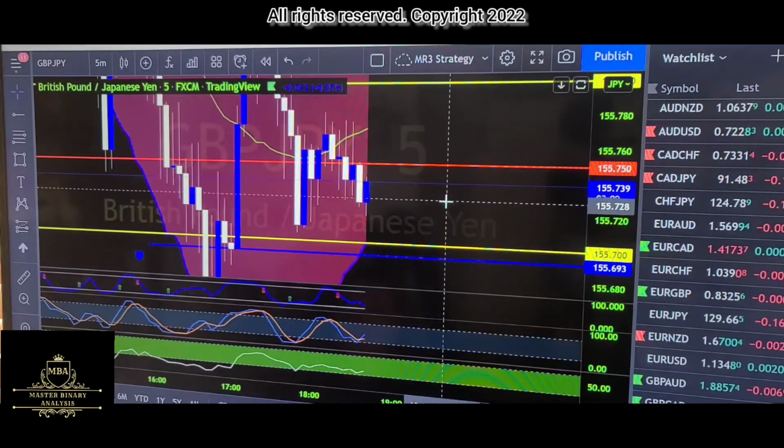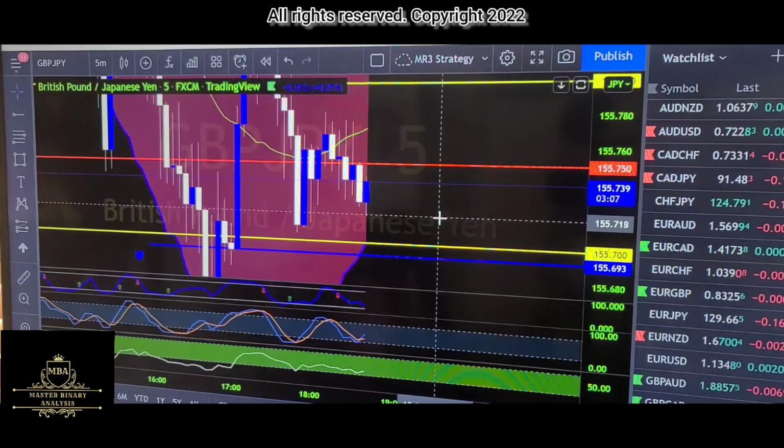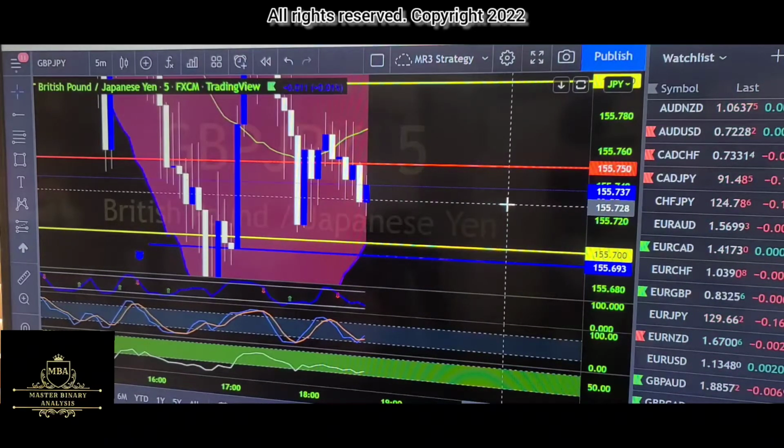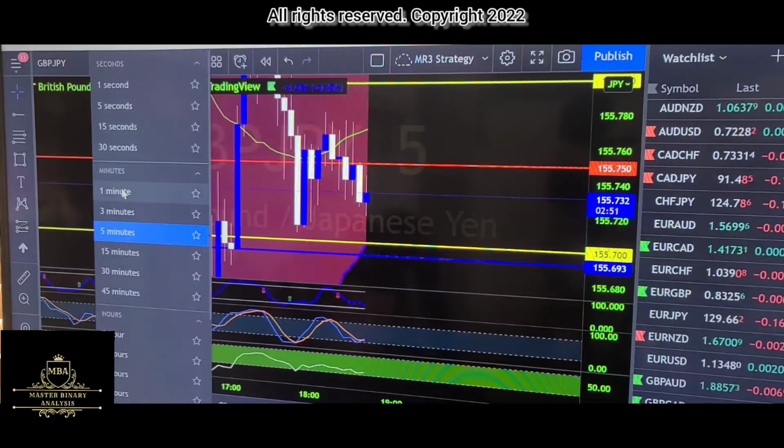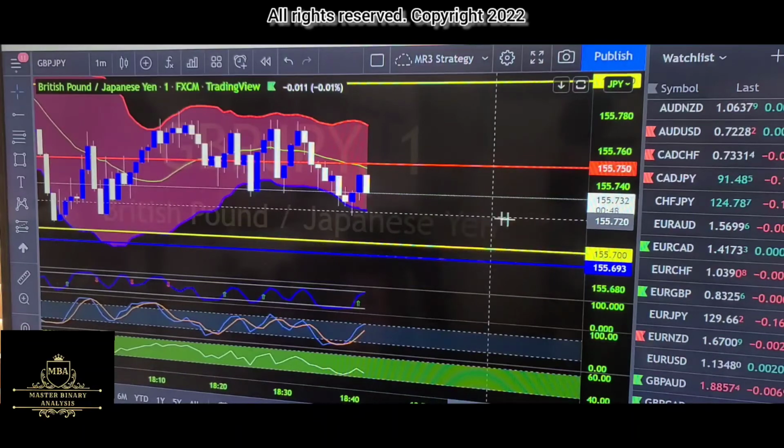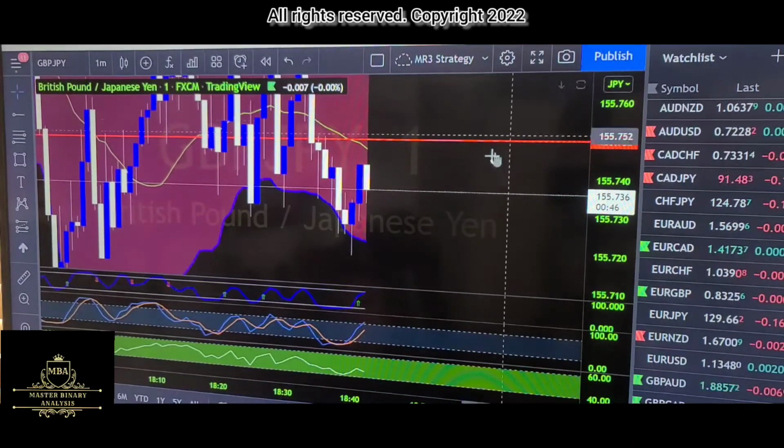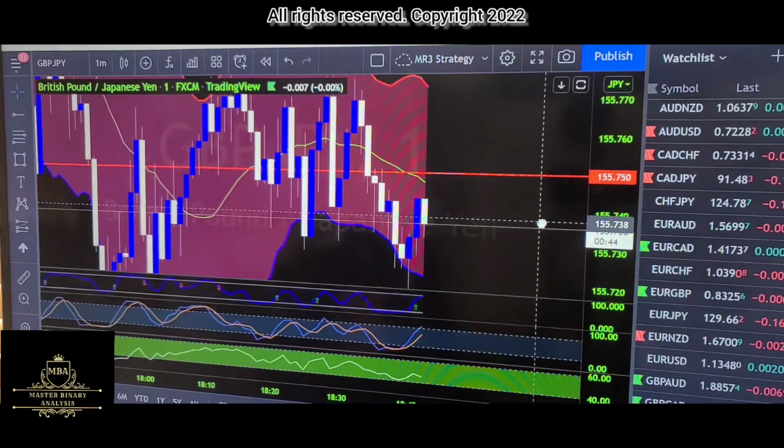And now it would have went up. So again, this is just a matter of timing. I mean, I did take 1 minute entries. I normally don't take 1 minute entries without fully analyzing. And you guys are probably saying, wow, this guy just literally took 2 trades and lost both.